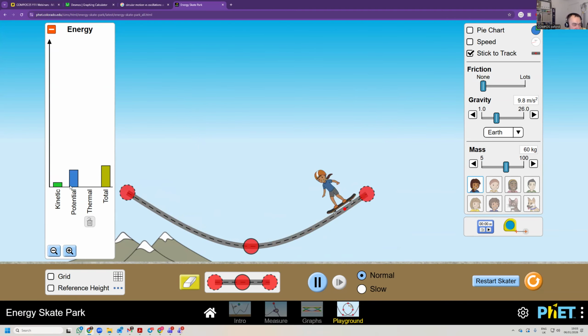Kinetic energy decreases, but the total energy remains constant.